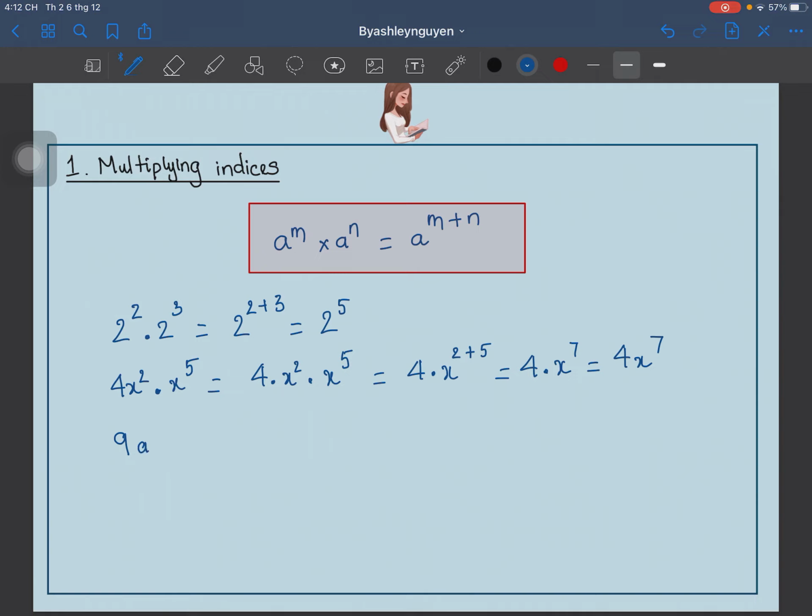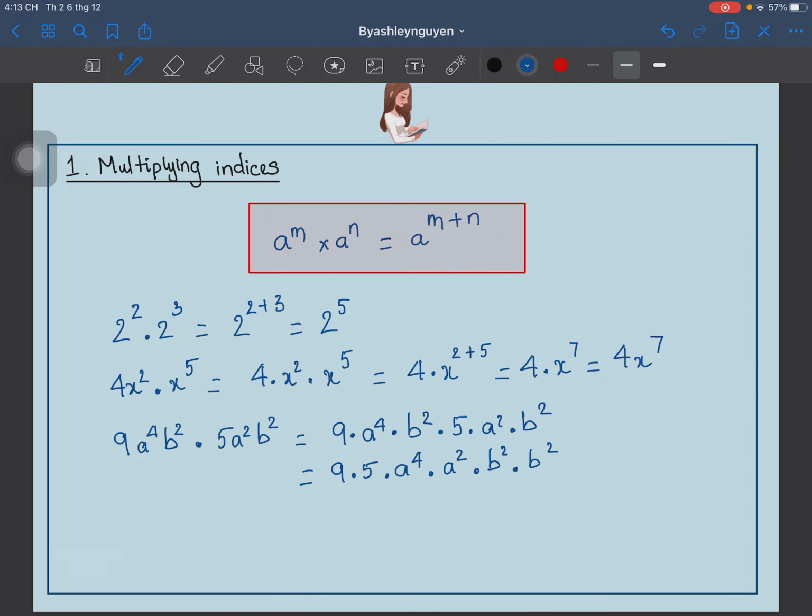And the last example: 9a to the power 4 b squared times 5a squared b squared. The first step, I will separate all the parts. Write it again, and gather them in the same line by term. 9 and 5 are the constants.